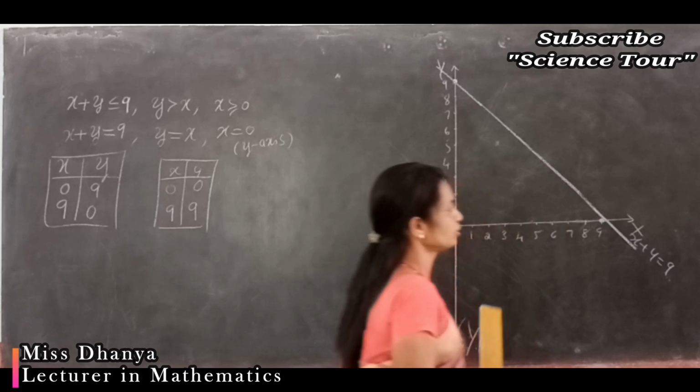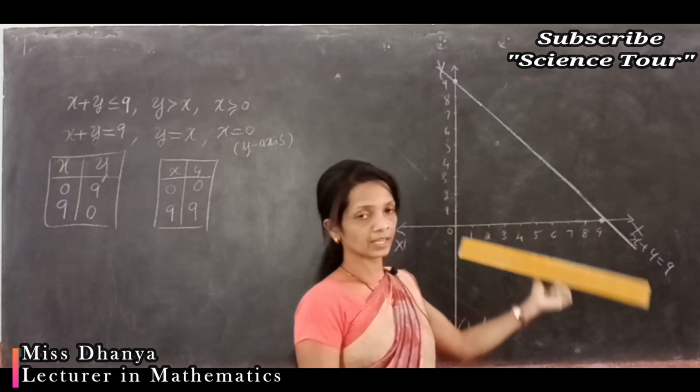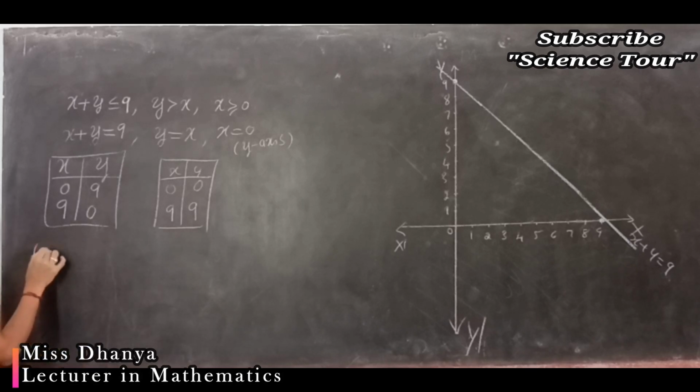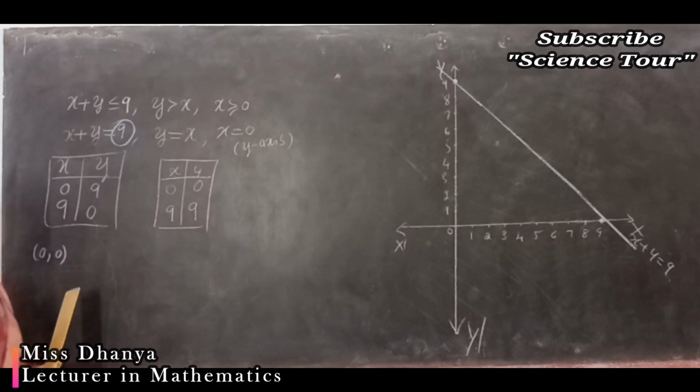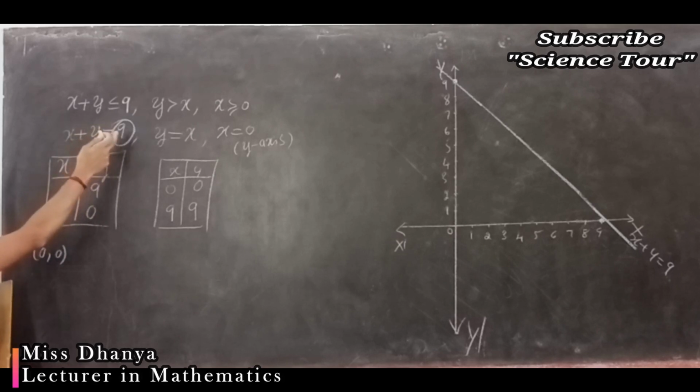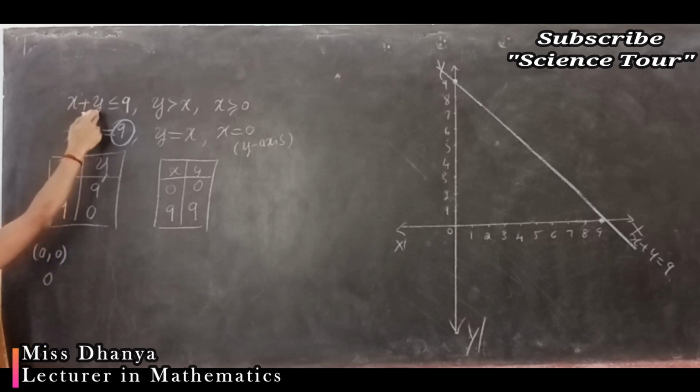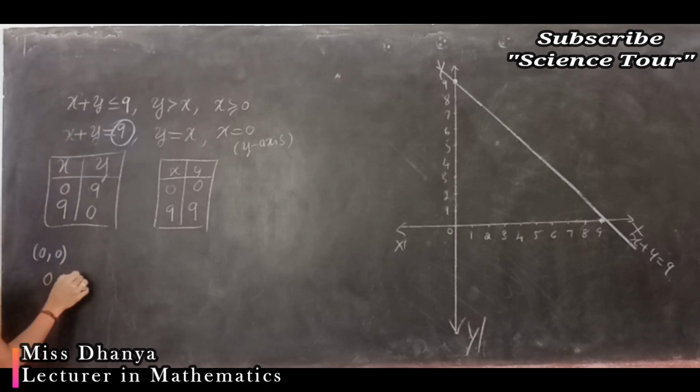Okay, now you have to decide which half plane of that line is the solution region. For that you take a checking point (0, 0). Always you can take (0, 0) as a checking point if the constant number is other than 0, like this. Okay, so now the constant number is 9, other than 0, so we take (0, 0) as a checking point. Now take x equal to 0, y equal to 0 in this inequality. So then we get 0 plus 0, that is 0, less than or equal to 9.